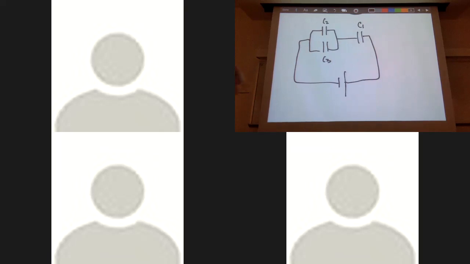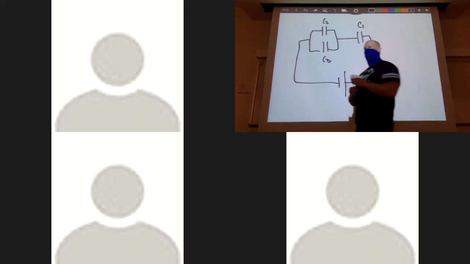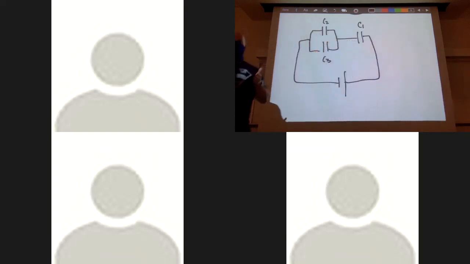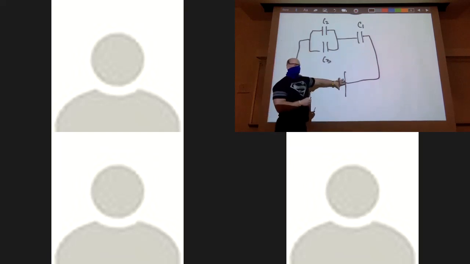Okay. So first thing I want to do is identify what's connected in parallel and what's connected in series. And then we want to do it in steps. Once I know what's in series and what's in parallel, I want to combine those things together, and I'm going to draw a new diagram every time I do that. The reason is basically what Dylan was referring to: I didn't tell you what the potential was here, but if I asked what's the charge on each one of these, what's the potential on each one, I need to know how these things were connected together.